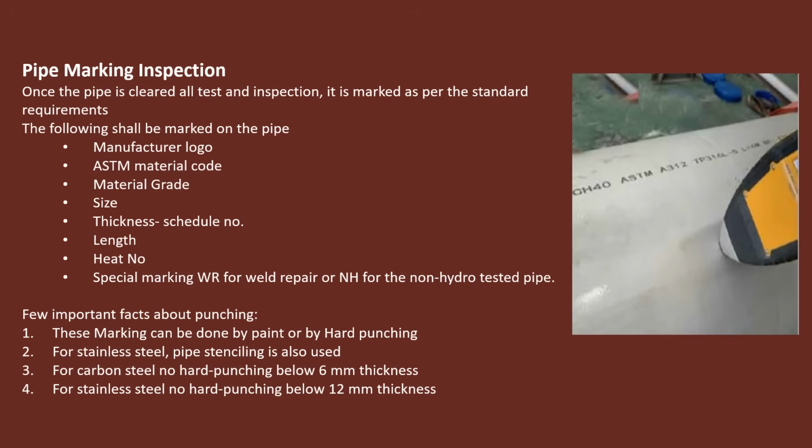So if the thickness is below 6 mm in carbon steel, we cannot go for hard punching. This is a clear-cut point which we have to keep in mind while performing marking inspection. For stainless steel, this thickness is 12 mm. If it is below that, we are not going to go for hard punching. This is important related to marking inspection, and we have to follow it while doing our inspection activities.